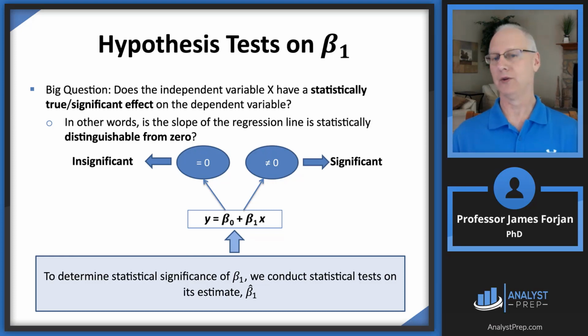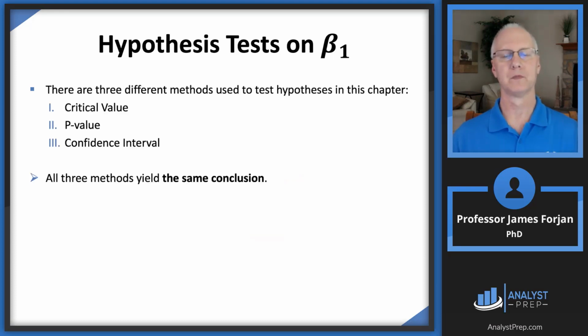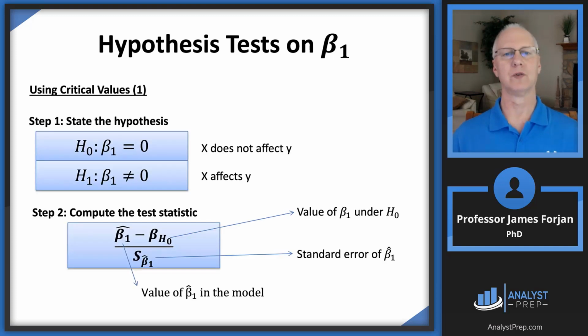If it's not equal to 0, then we say that it's significant. But we need to determine statistical significance, and that can only be the result of some statistical test that we can conduct around that slope coefficient. All right, 3 ways to do this. We're going to use critical values, p-values, and confidence intervals.